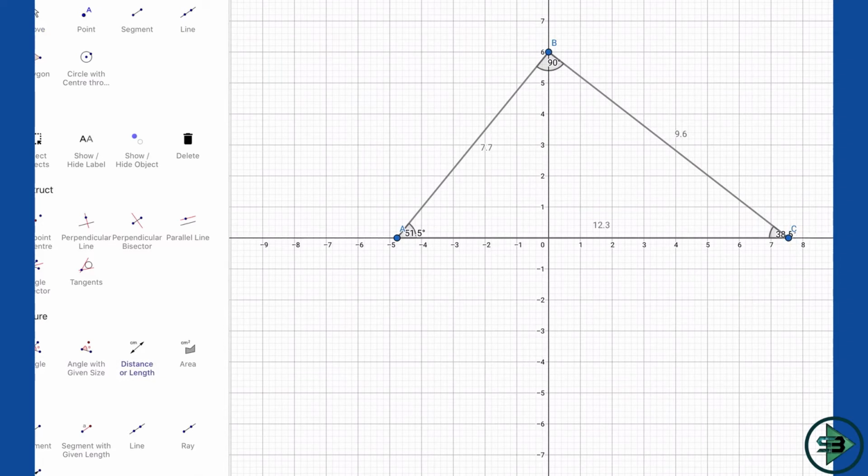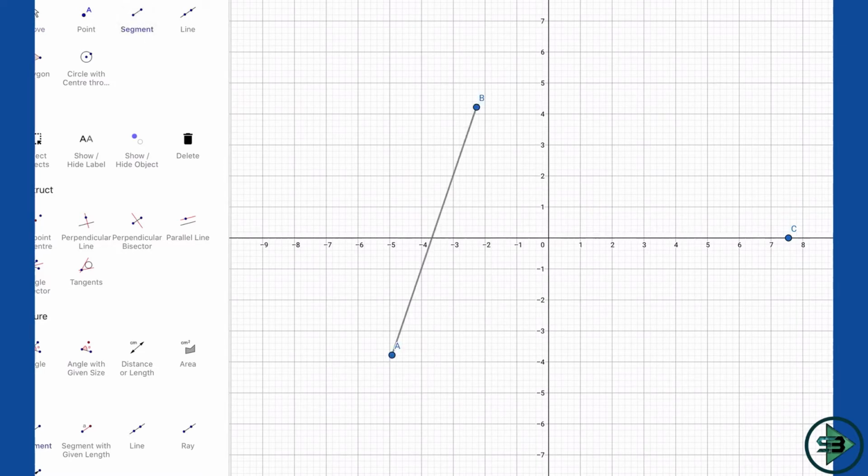I hope you got the answer as to what a scalene triangle is and what a right angle triangle is. Now if I have to draw an isosceles right angle triangle, how will it look?